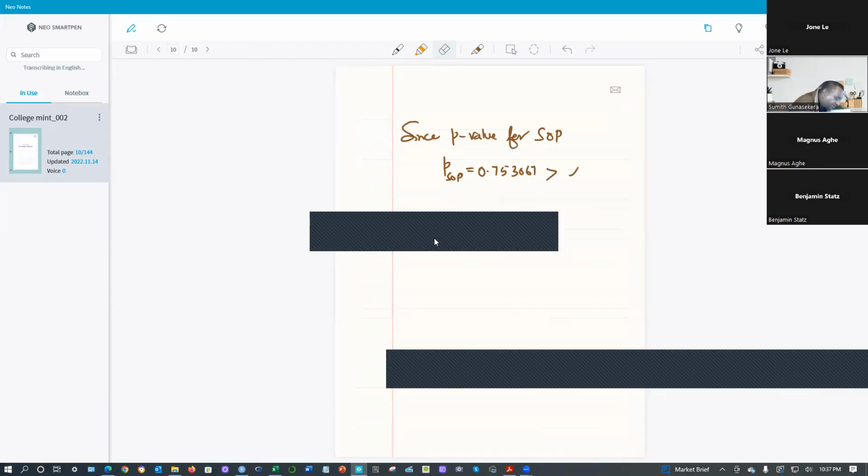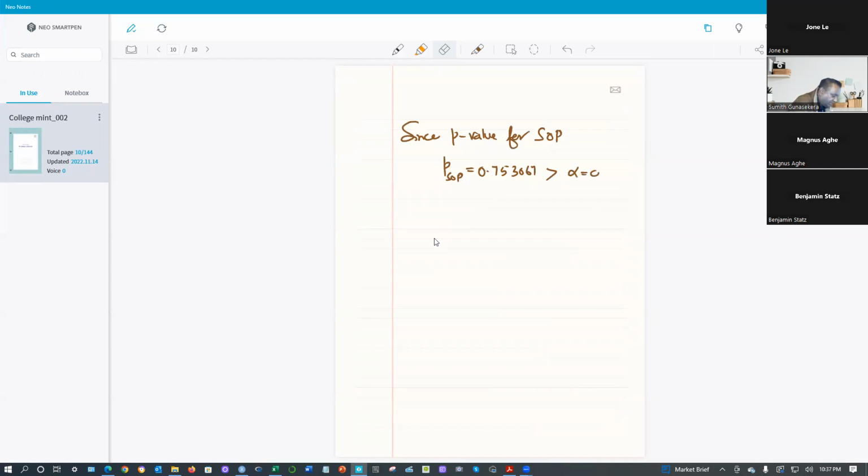Alpha means level of significance. We do not reject H naught, which means beta 4, the coefficient of statement of purpose, is not rejected.